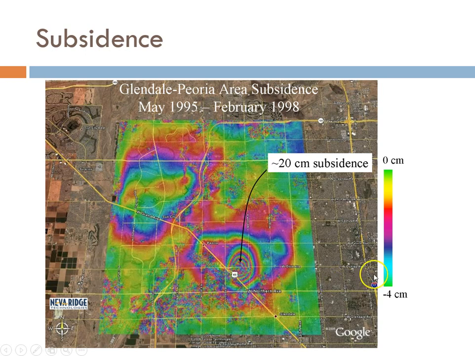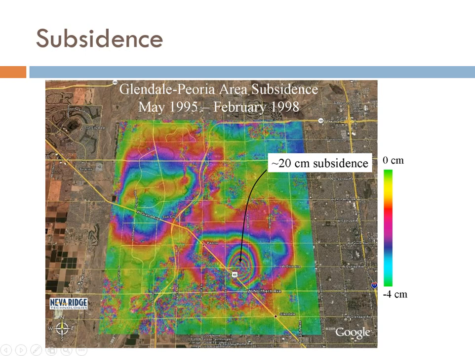So it's right on the edge of the main part of the subsidence here. But from May 1995 to February 1998, so less than 3 years, that area highlighted right here in the middle by the interference pattern actually subsided by 20 centimeters, which is a lot.